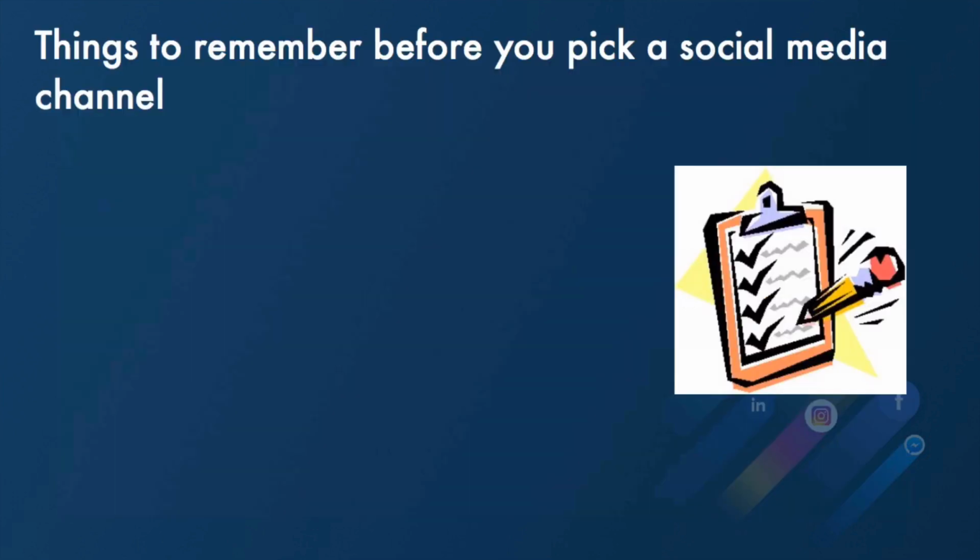So here's the final list of things to remember before you pick a social media channel. Now that we know what social media channels are good for, and you also know the answers to each of the questions which we discussed in the beginning of the video, it is time to have a few pointers in your mind before you take the final step of picking a social media channel.